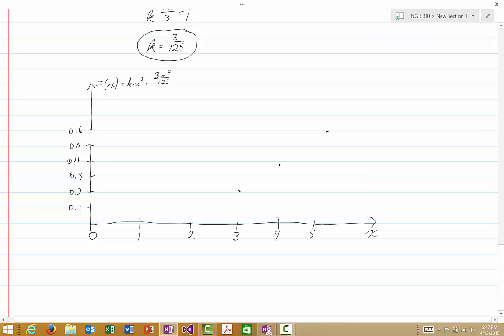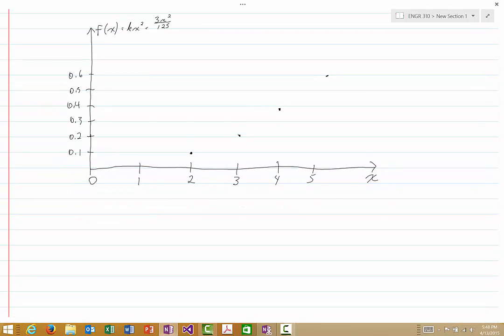And for 2, we have about 1/10. And then for 1, we have 3 over 125, which is a little more than 0.02, so very small. And now our graph will look like that.